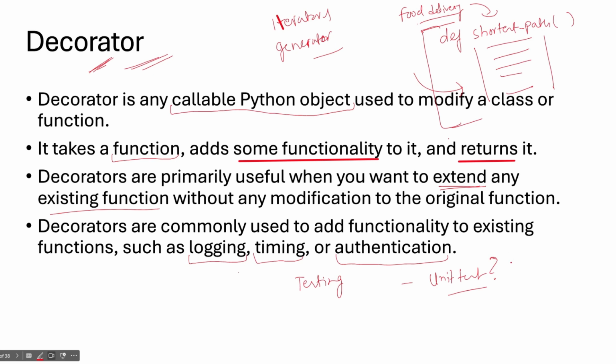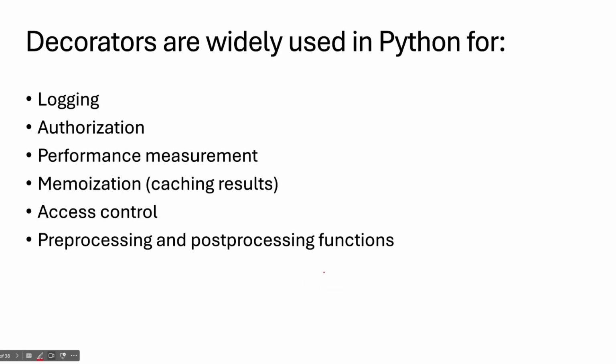Generally this is used in software engineering, but nowadays it is also asked in data science jobs, because data science applications are being deployed on servers. That is why you should know this also. Okay, let's move ahead. I will show you some examples.